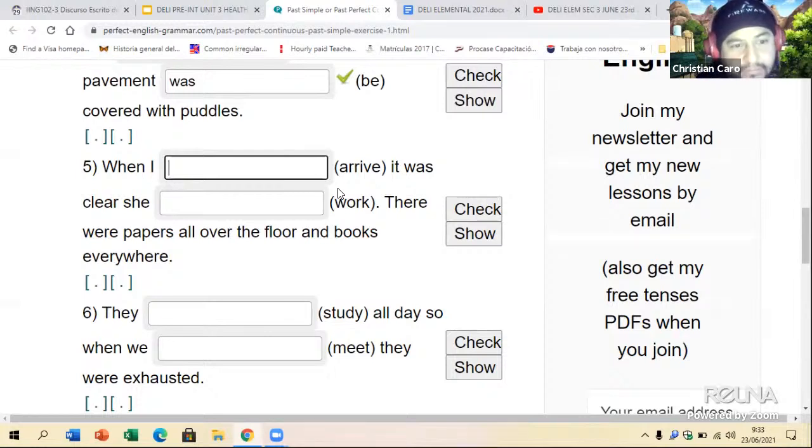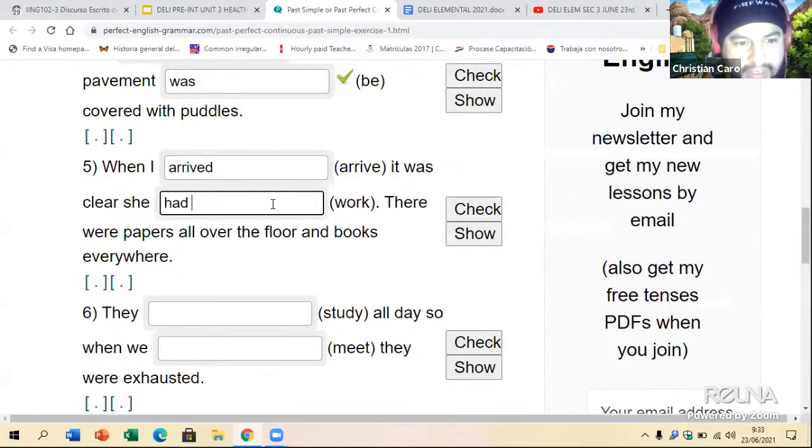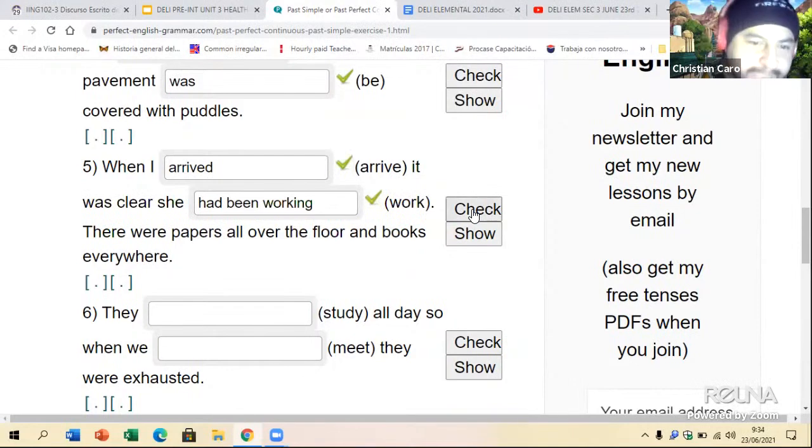Porque habían papeles por todo el piso y libros por todos lados. When I arrived, yeah, good, Daniela. Fran arrived, had been working. There you go. When I arrived, it was clear she had been working. Good job, ladies. Check. Perfect. Very good.